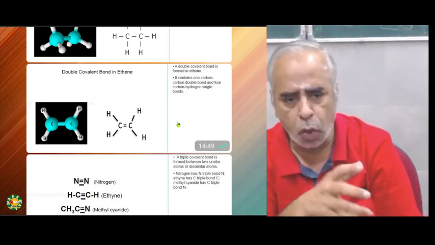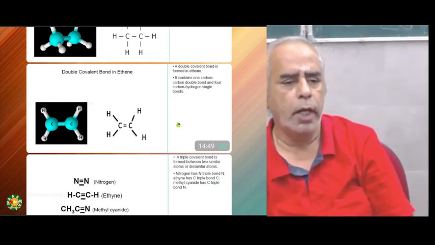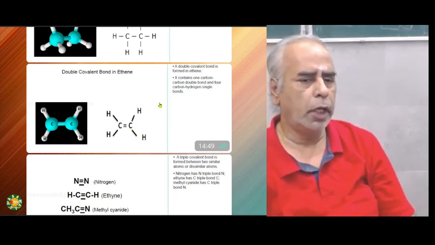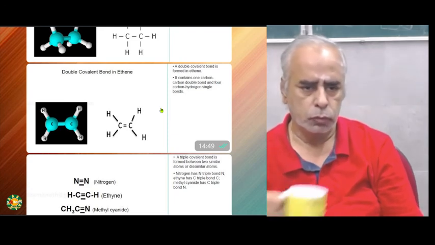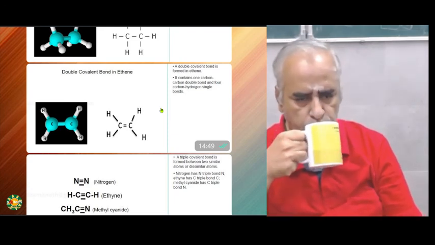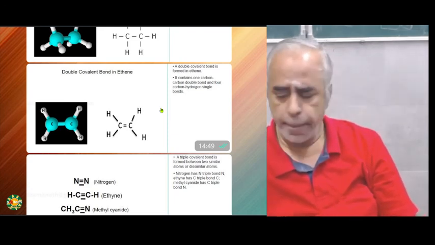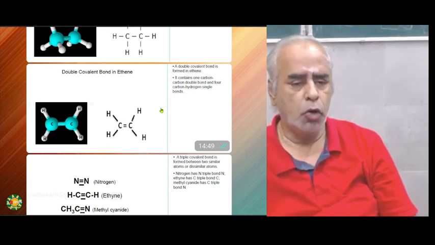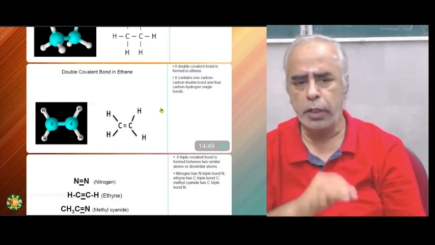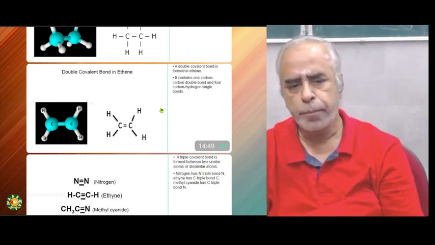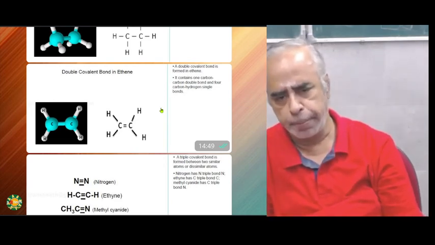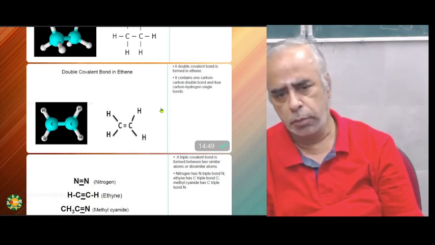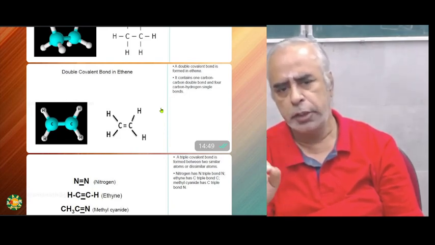Now, can you count the type of bonds available? Anyone? What are the bonds available? Tell me. Six. No. Sigma bond, pi bond. How many carbon sigma bonds? You have to identify like this. Please note down. How many carbon sigma bonds are there? So carbon sigma bond, carbon pi bond, carbon hydrogen sigma bond.